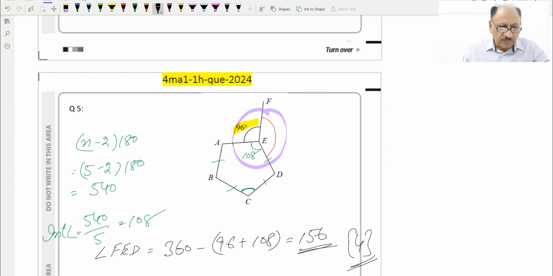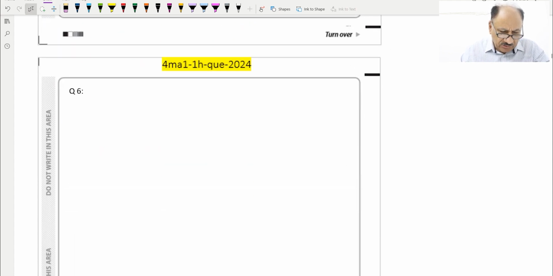Hopefully you understood this. Now question number 6, and question number 6 says expand and simplify. The given expression is m plus 5 and m minus 8.